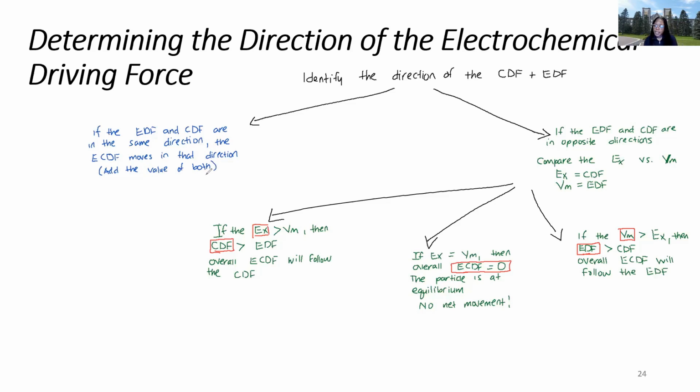If the membrane potential is a greater value than the equilibrium potential, then the electrical driving force is the stronger value. In each of these two scenarios, we simply subtract the smaller force from the larger force, which gives a smaller overall magnitude. And then lastly, if the forces are equal but opposite in direction, they cancel each other out. The particle will be at equilibrium and there will be no net movement.